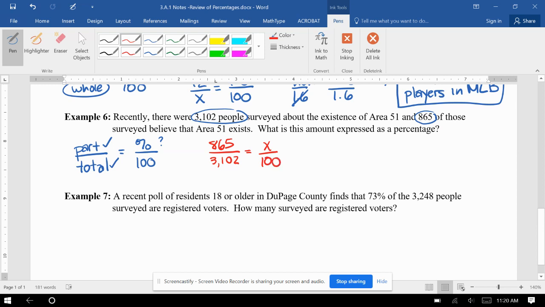So cross multiplying, what we have is 3,102x equals 86,500. Go ahead and use your algebra and divide that over. Cross it out. And we will ultimately end up with 27.89% of people.